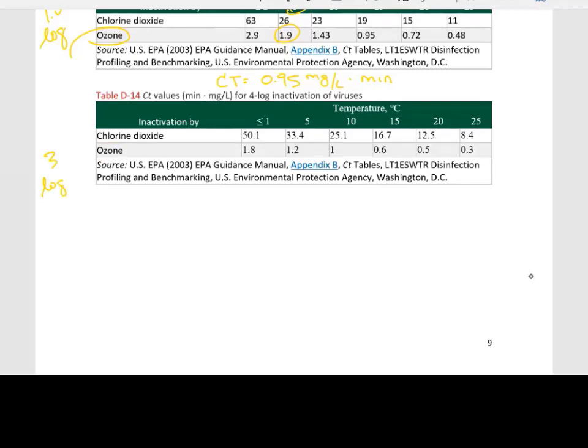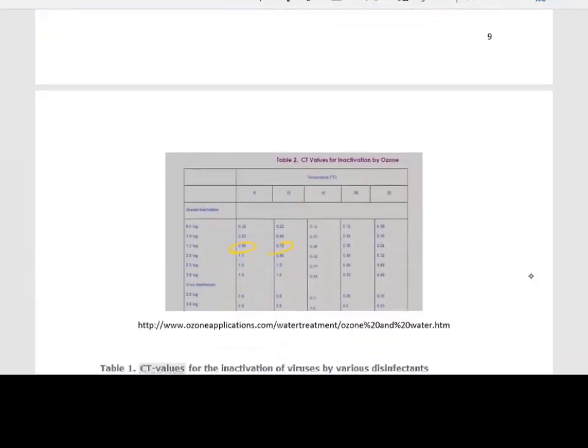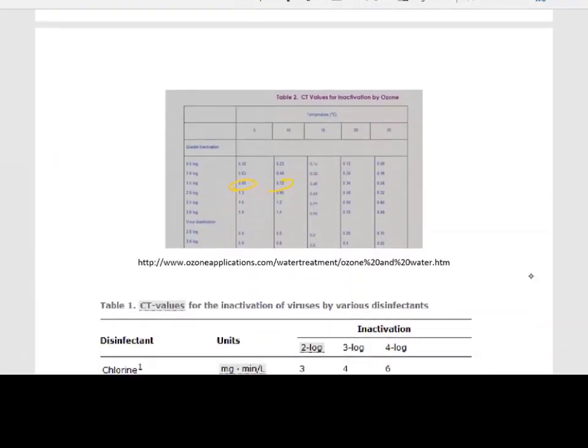This is 4, so we'll use this table. It gives us a higher value than we really need. That is 1.2. And then if you look at the other table that I provided you, we needed 3 log removal at 5 degrees, we need 0.9.